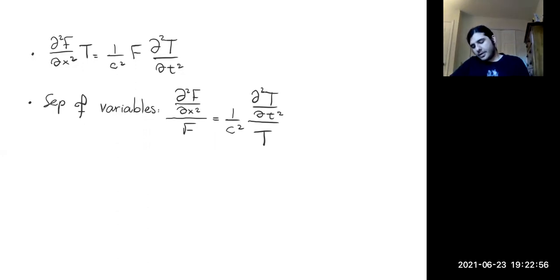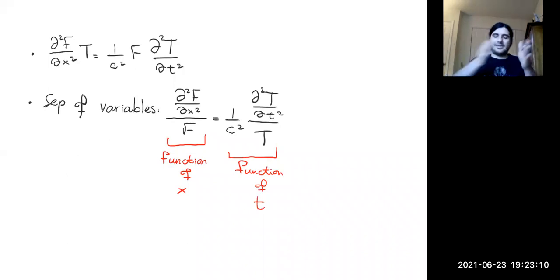This is a function of x. This is a function of t. They can't be equal unless there is no x in the first fraction, no t in the second fraction. In other words, if they are equal to a constant.